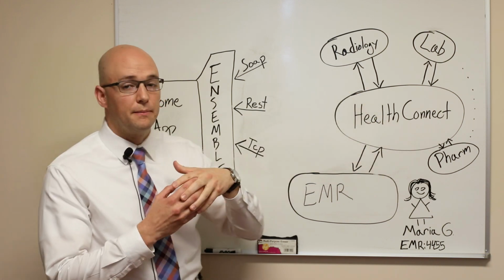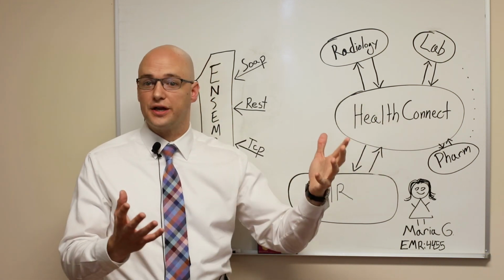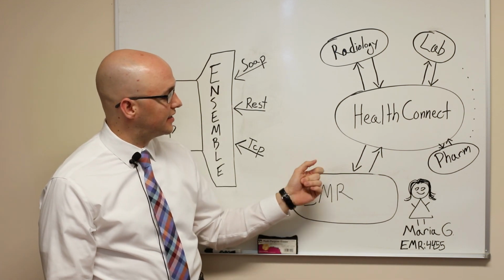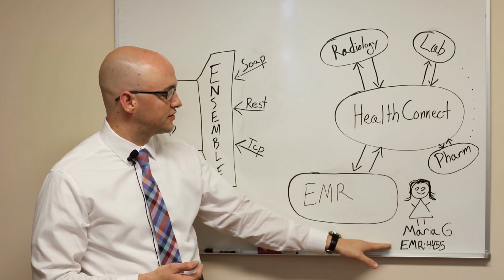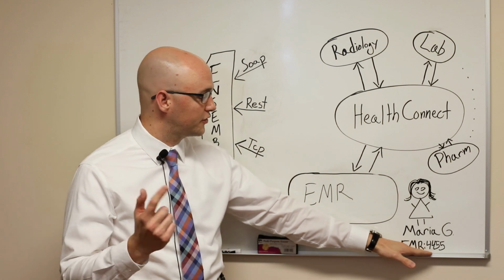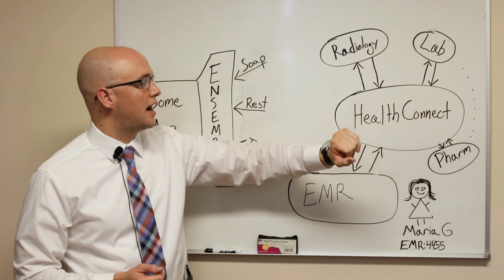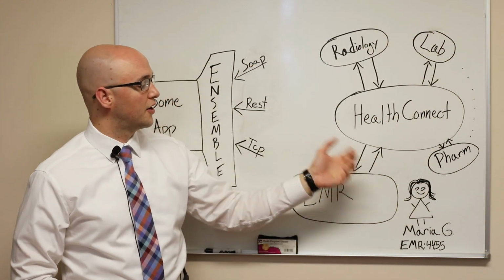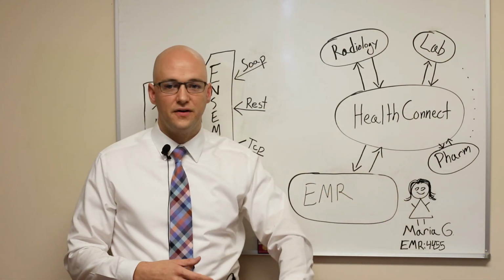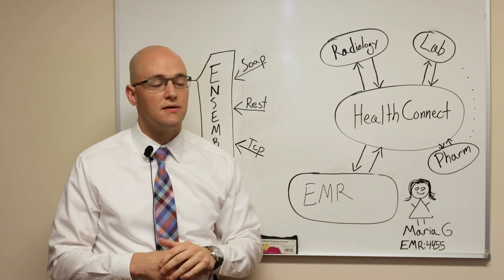Then Health Connect blasts the other 20 or maybe 40 applications at the hospital and says, hey, this is Maria Gonzalez, here's her medical record number, it's 4455. All of those applications at the hospital agree: Maria Gonzalez, 4455, is admitted and in the hospital right now.